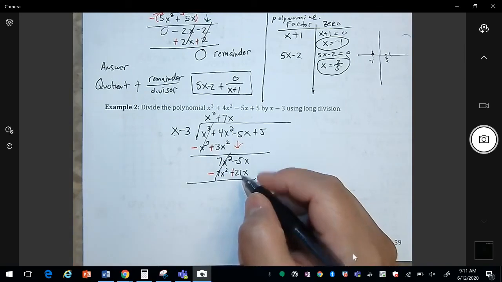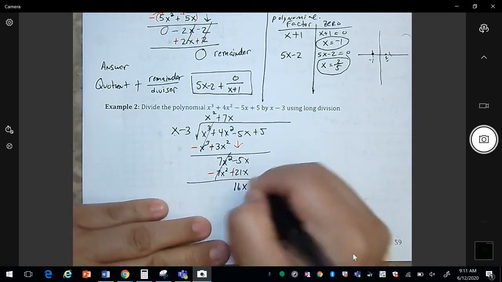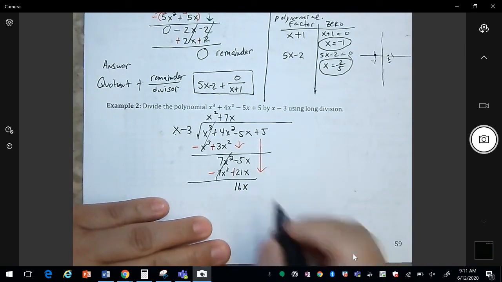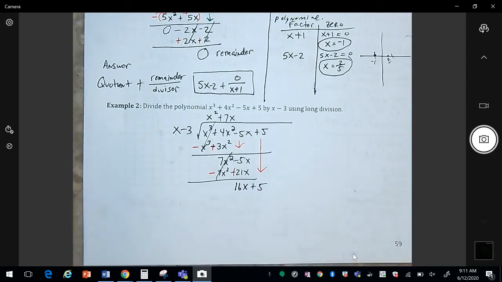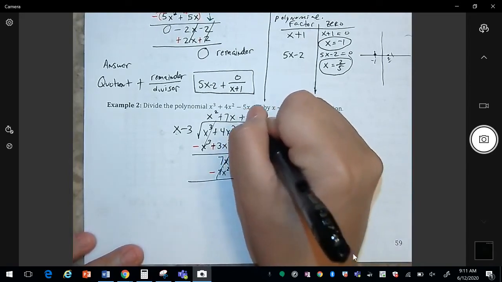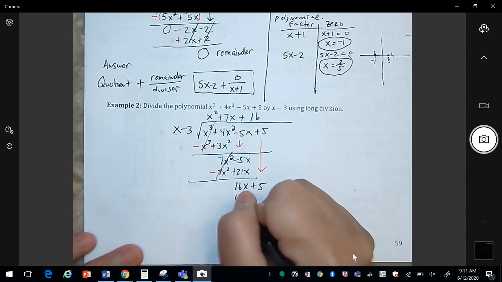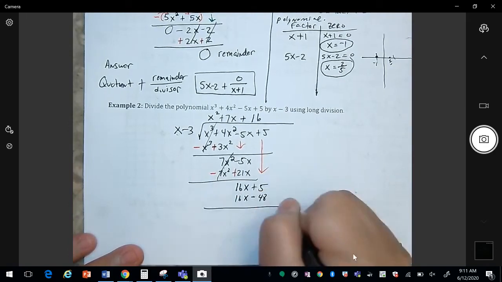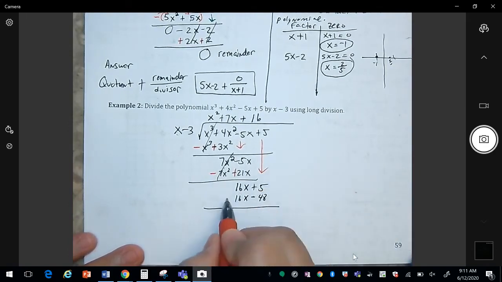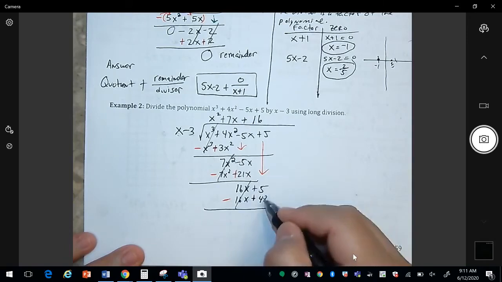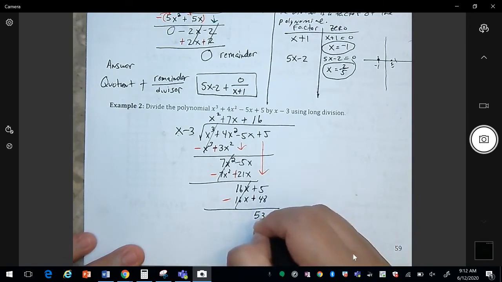Negative 5x plus 21x is 16x. Bring down the 5. How many times does x go into 16x? That's going to be 16. 16 times x is 16x, and 16 times 3 is 48. Change the signs. So this cancels, and then we get 53.